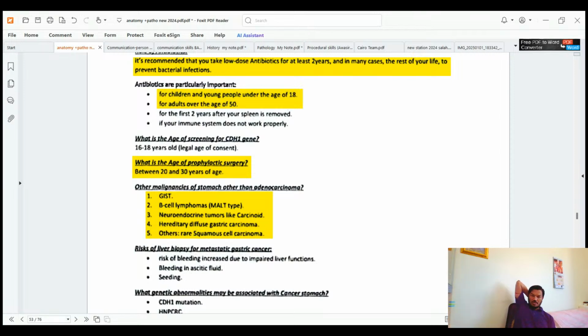One is GIST, melanoma, and carcinoid. And rarely squamous cell carcinoma.